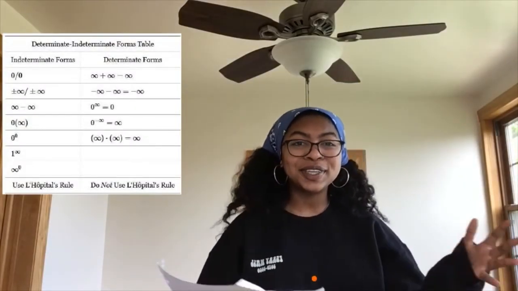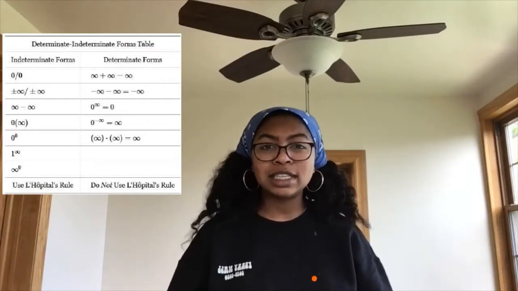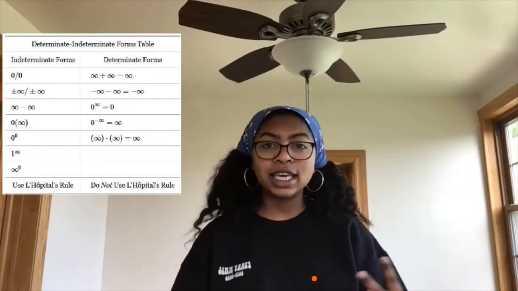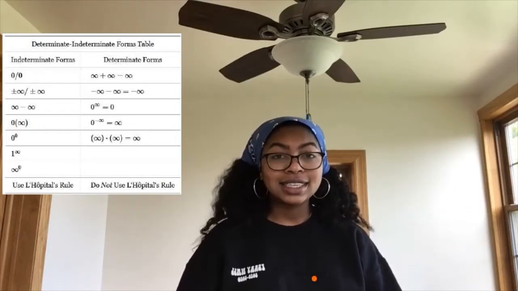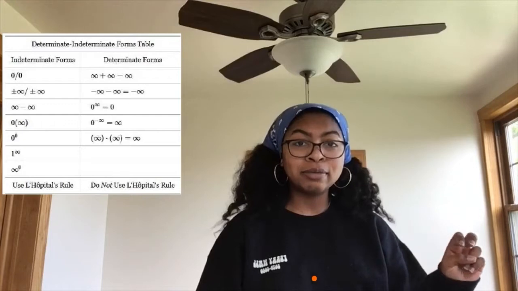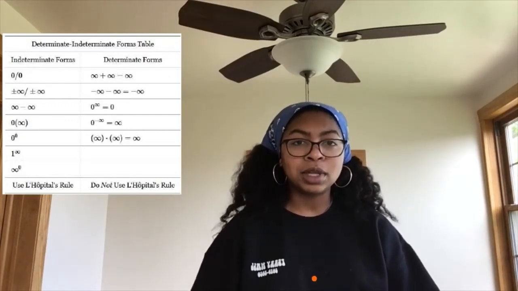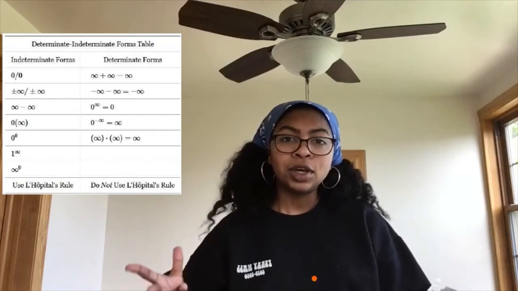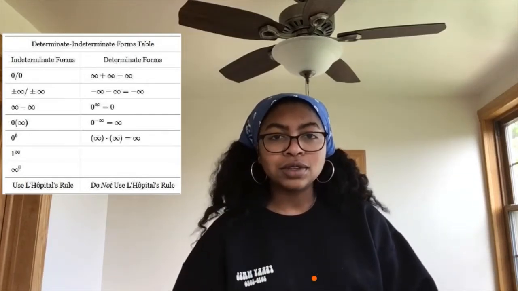Since we're in semester 2 now, we already understand that sometimes the limit does not exist. It may equal 0 or it may equal plus or minus infinity. But while these are all determinate forms of a limit solution, there are times where the limit may produce something known as indeterminate form, which isn't even legitimately a solution because we don't know what it equals.